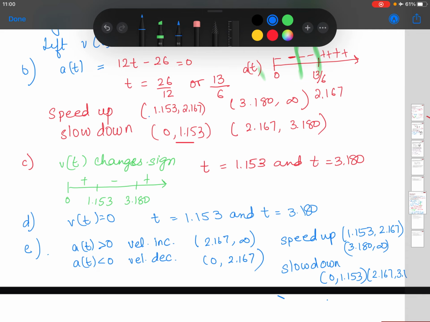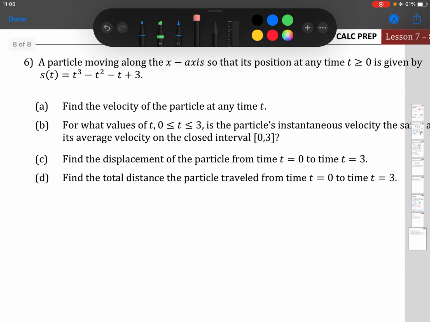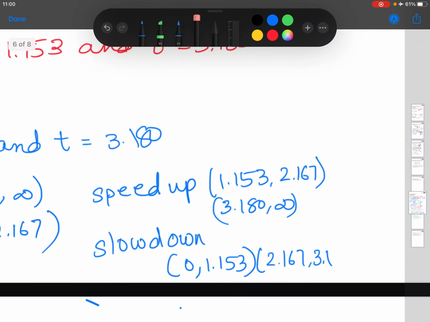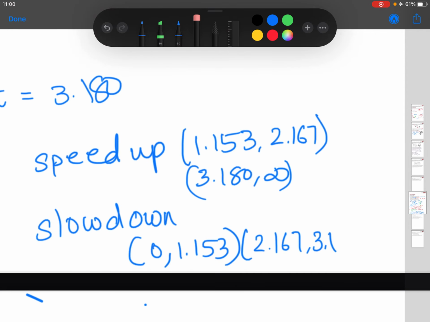Oops, it won't let me write on the side here. Let me zoom out.